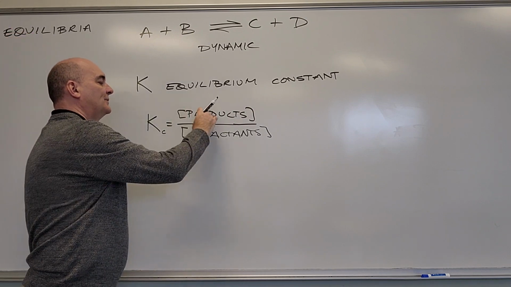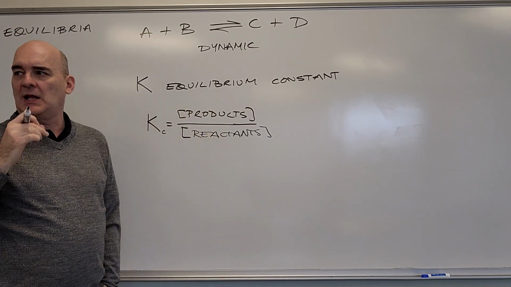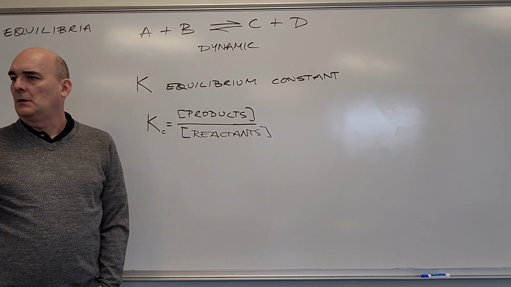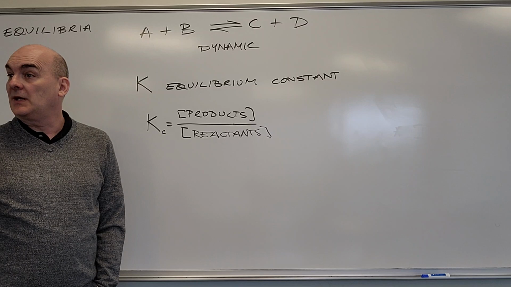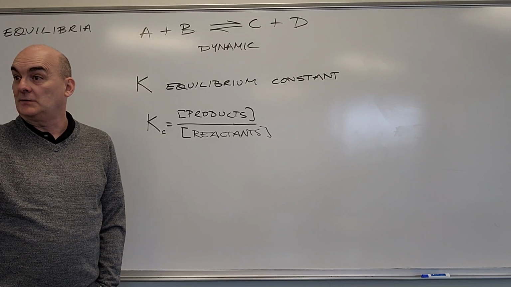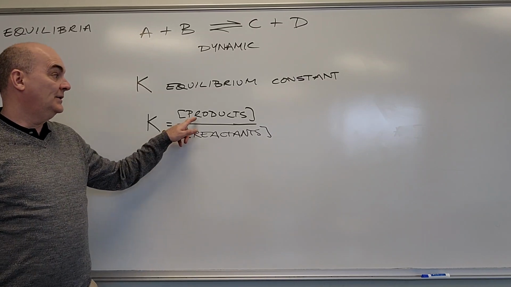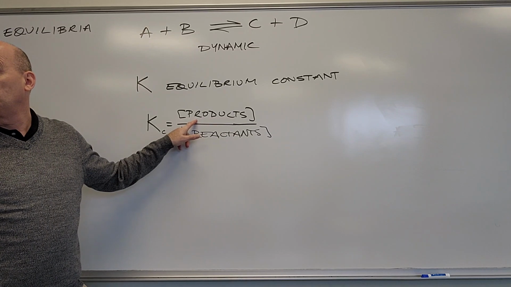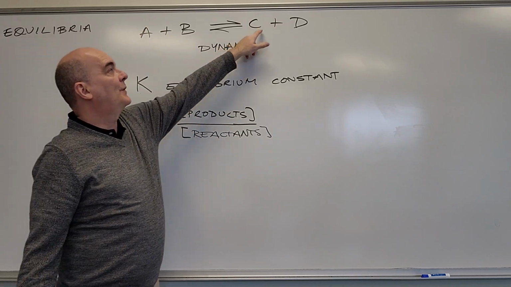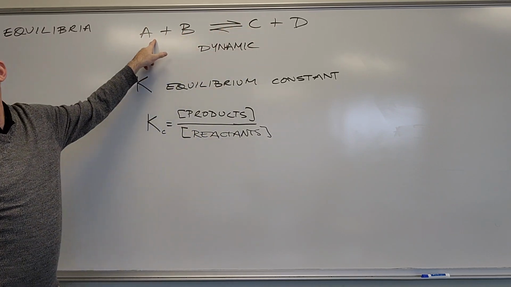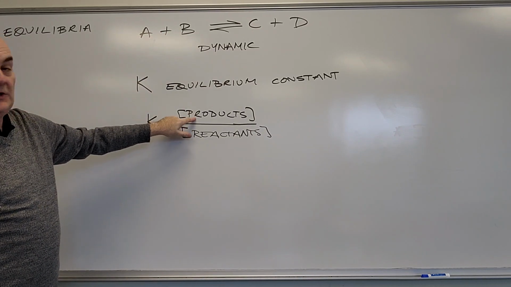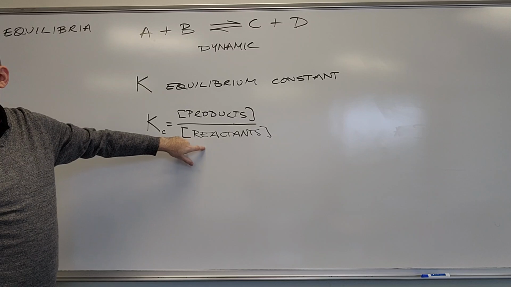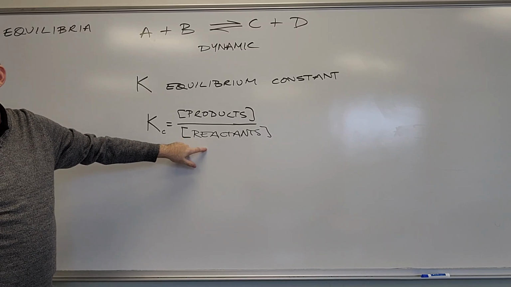And it is products over reactants, which tells us progression. As this number gets larger, that means we have more products. And because all of the products came from reactants, as this number gets larger, it is pulling numbers out of this basket.